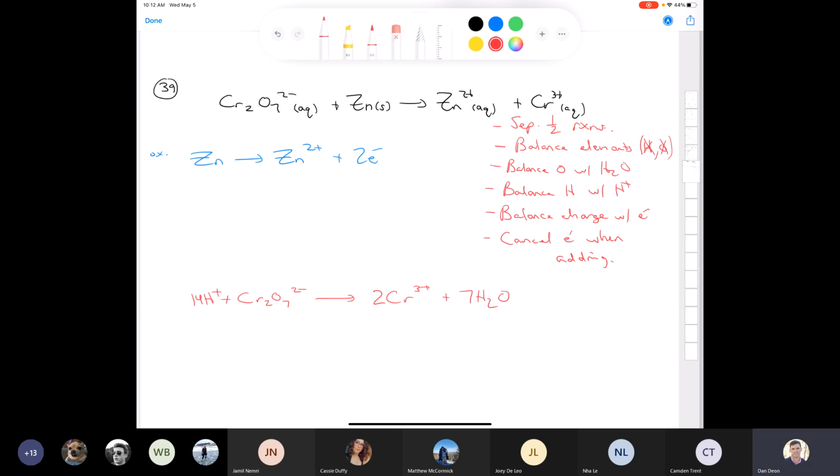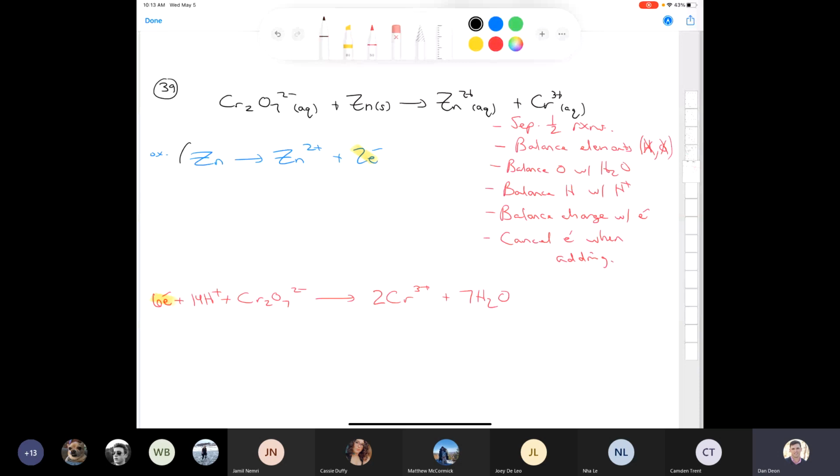What's next? I need to balance out the overall charge. Here I have 2 times 3+, so that gives me +6 on this side. Here I have 14+ and 2-, so that gives me +12 on this side. So that means I need to add 6 electrons over here to balance out the overall charge. Now, I've got 6 electrons in my reduction reaction, and I've got 2 electrons in my oxidation reaction.